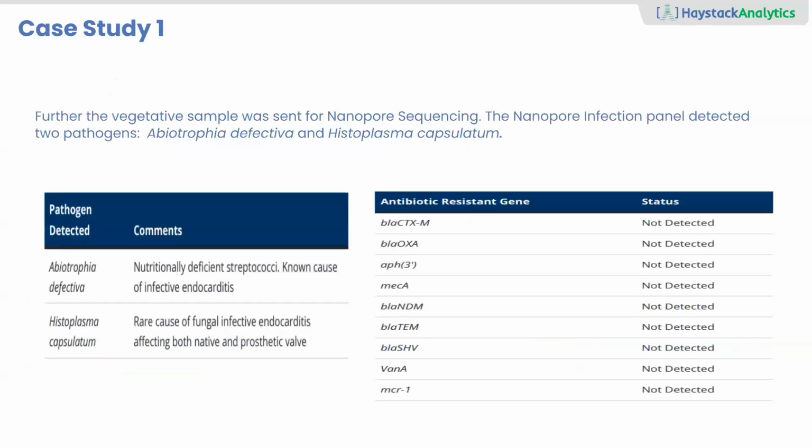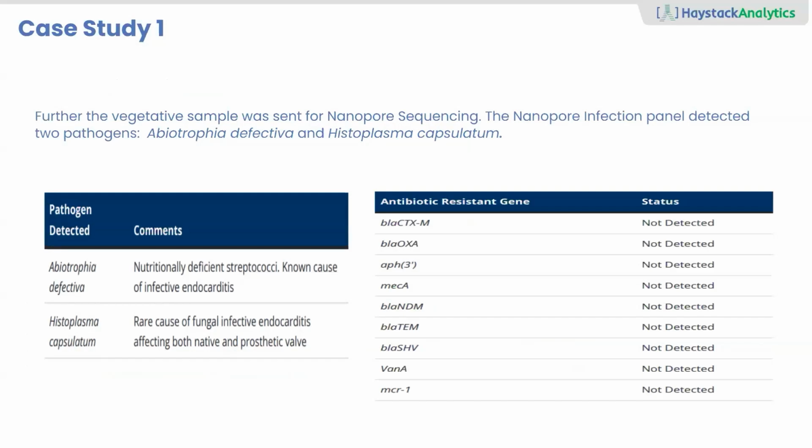Next slide. So on nanopore sequencing, we got Abiotrophia defectiva, a Streptococcus viridans group organism, and Histoplasma capsulatum. And it is all sensitive. So I think we gave simple beta-lactam antibiotics, and for Histoplasma capsulatum, initially we gave amphotericin B followed by itraconazole. In endocarditis, what happened?